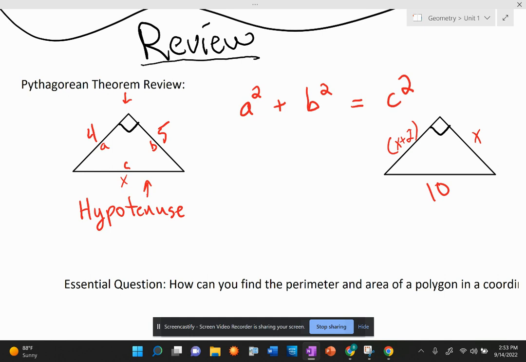So when I'm filling in the Pythagorean theorem and placing in my values, you're going to plug them in just like you should in any algebra. Instead of the variable, I've got parentheses.